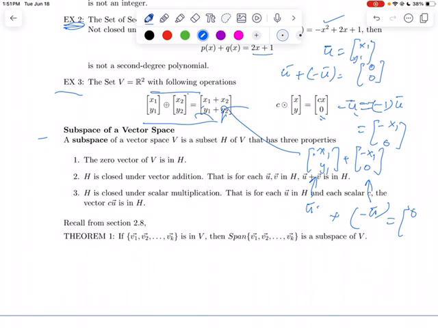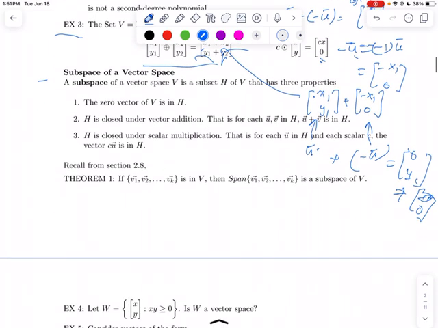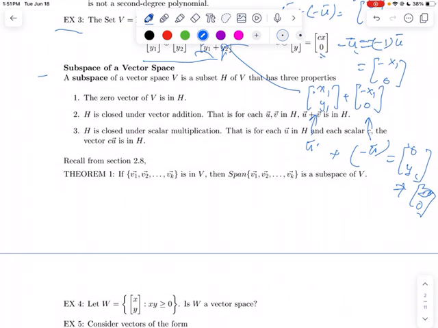The second component gets added to the second component, so you get y1, which is not the 0 vector. Therefore, the inverse does not exist. Or you can say vectors do not have inverses.